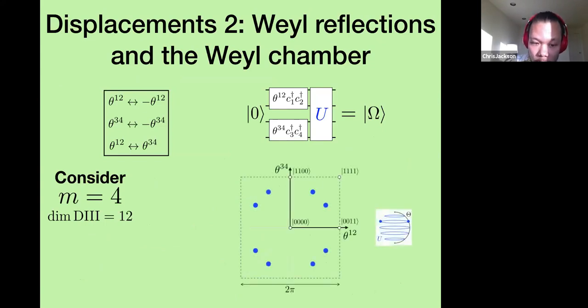I think here I'm just going to quickly summarize that just like you use only half a circle to define the polar angle on a sphere, because every latitude intersects the entire circle twice, so too, these number preserving operations swing you around the manifold of BCS coherent states in such a way that there are actually multiple thetas that could give you the same omega.